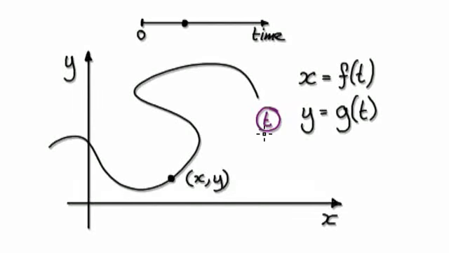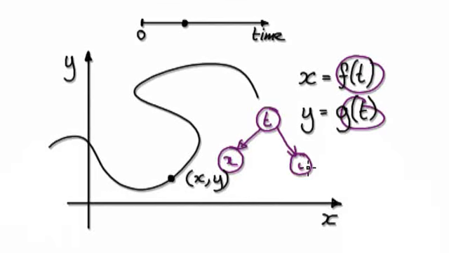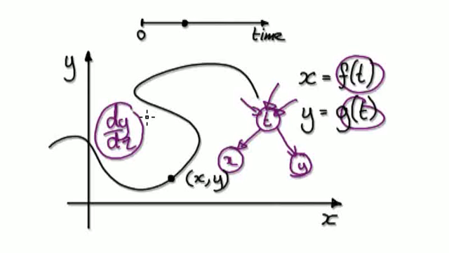When you input a time, this gives you your x coordinate, and this gives you your y coordinate. But you are trying to find dy by dx, and everything is being driven by the time. So in order to find dy by dx, we have to find a way of getting from x straight to y.